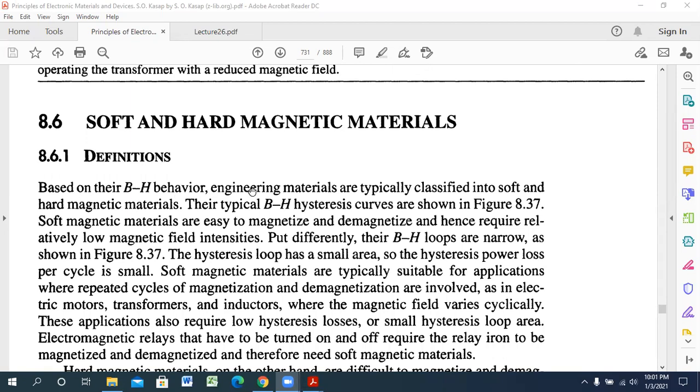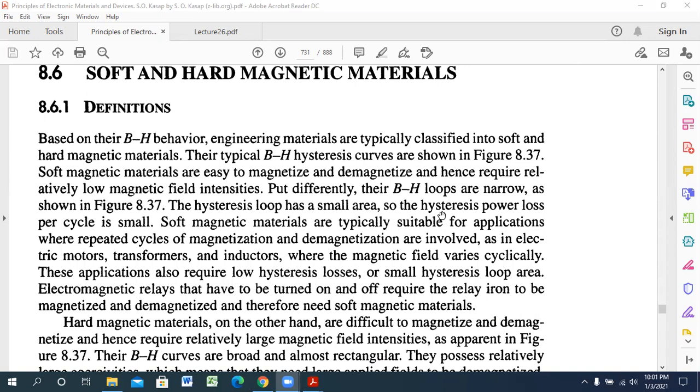Based on this BH behavior, the engineering materials can be classified into two categories: the soft and the hard magnetic materials. So what is called soft magnetic materials? If their BH hysteresis curve is narrow, then that one is known as soft magnetic materials.